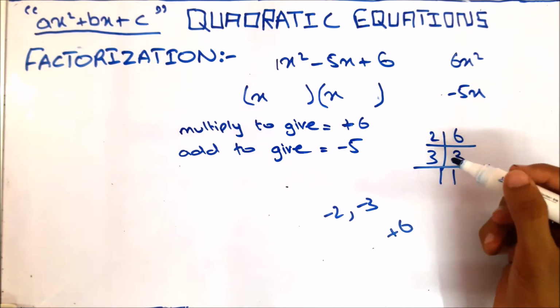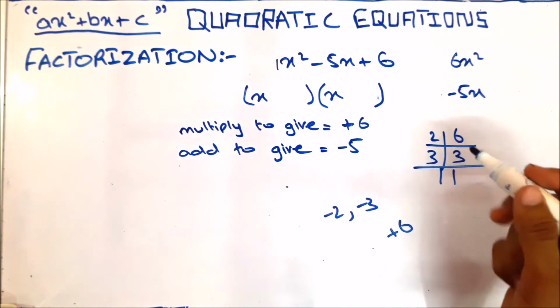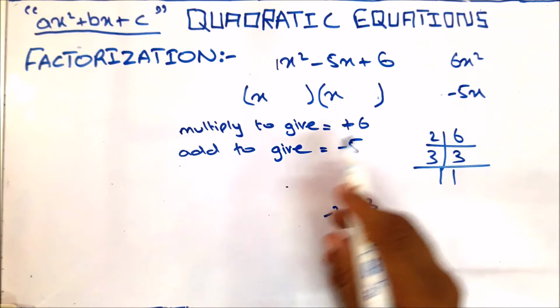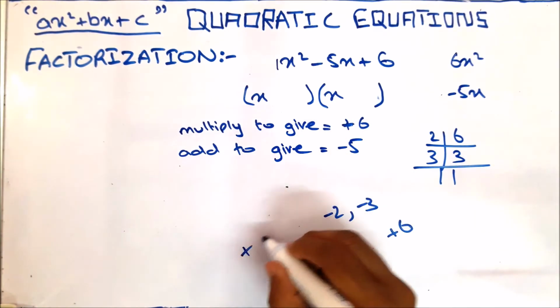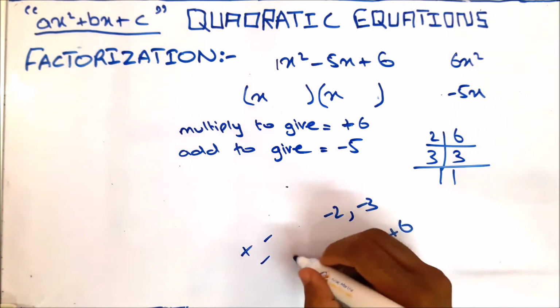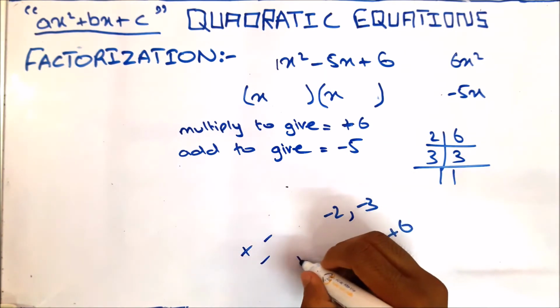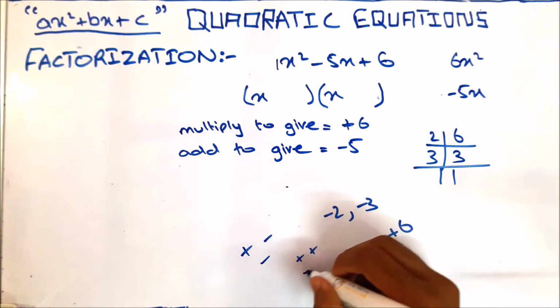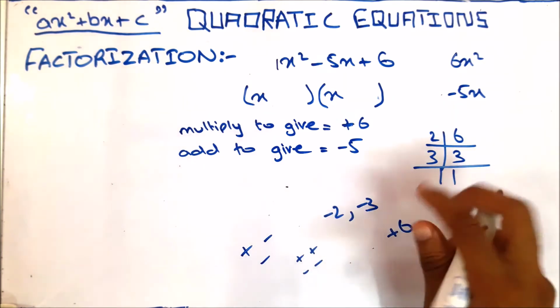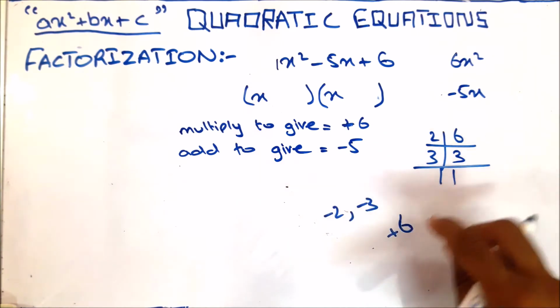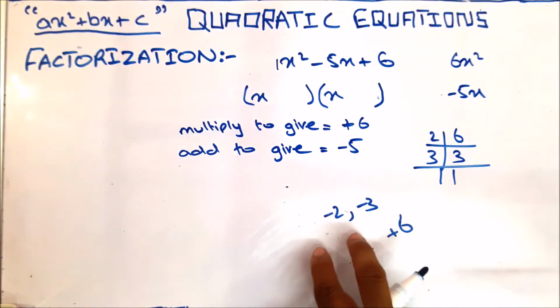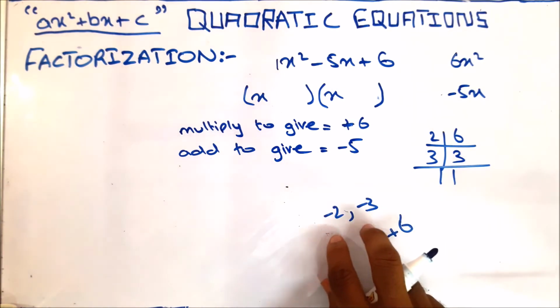Taking out the LCM will only give you the positive, and you need to figure out the negatives as well, because when we multiply a positive term with a negative we get a negative, and when we multiply two like terms, both positive or both negative, we get a positive term. So we have to look for that. Okay, so for now we have our two numbers minus 2 and minus 3.